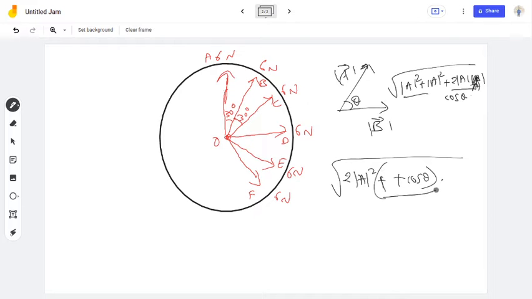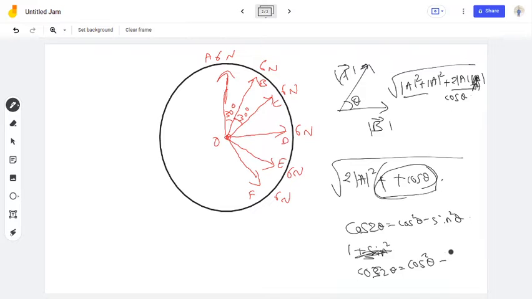We need to know the trigonometric ratio. Cos 2 theta equals cos squared theta minus sin squared theta. So cos 2 theta turns out to be cos squared theta minus (1 minus cos squared theta), because sin squared theta is 1 minus cos squared theta.